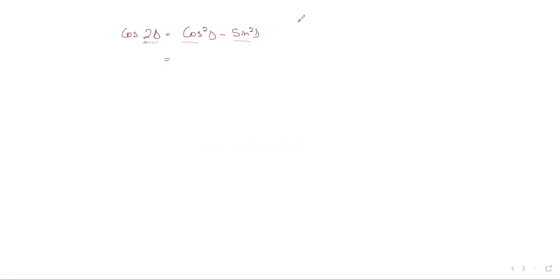And what we know is that from Pythagorean identity, the sine squared D plus the cos squared D is equal to 1, making the sine squared D equal to 1 minus the cos squared D, or equally well, cos squared D can be expressed in terms of sine squared D, transposing one ratio there.